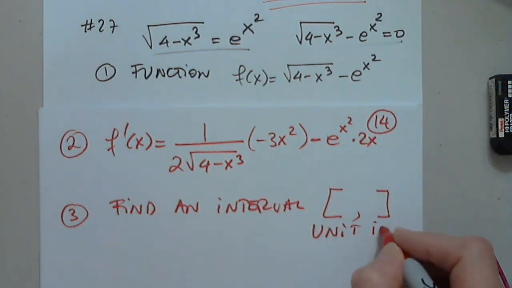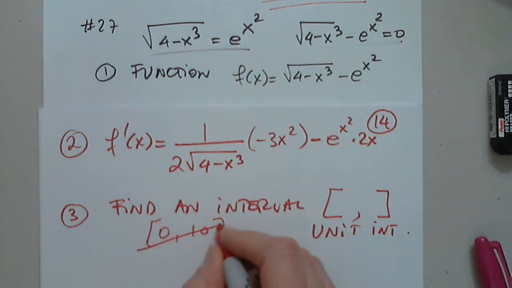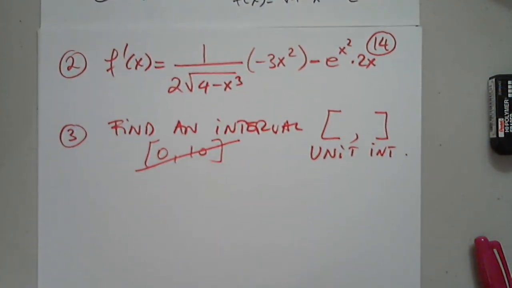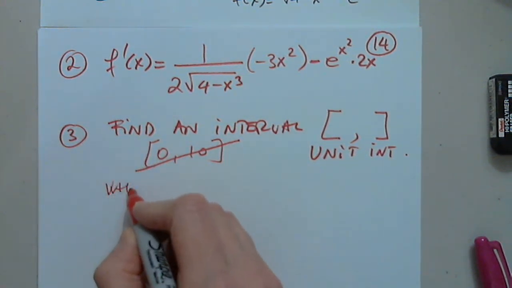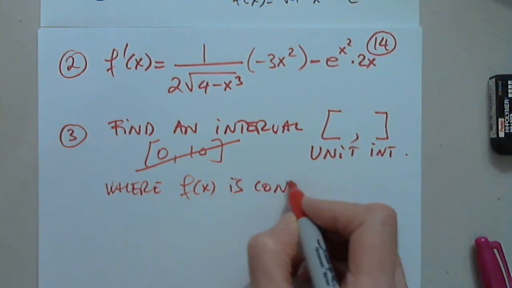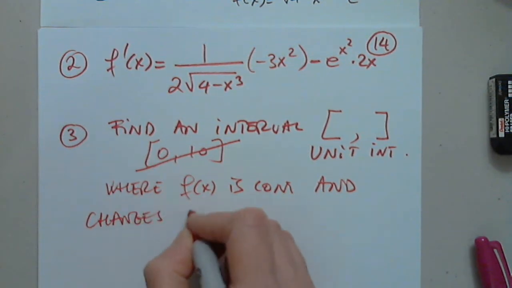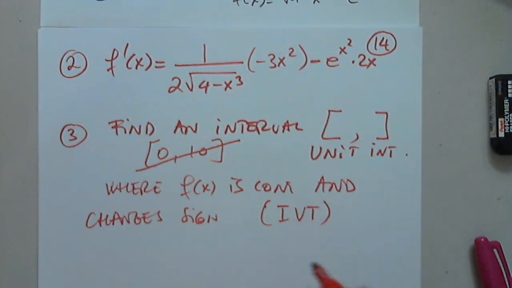Do not pick something like 0 to 10. No, that's not acceptable. I have to find an interval where the function is continuous, and we'll discuss where. Find an interval where f of x is continuous and changes sign by IVT, right? IVT. Not the mean value theorem, the intermediate value theorem.